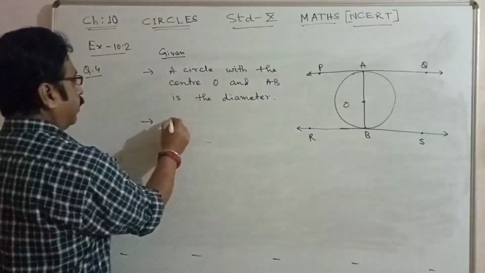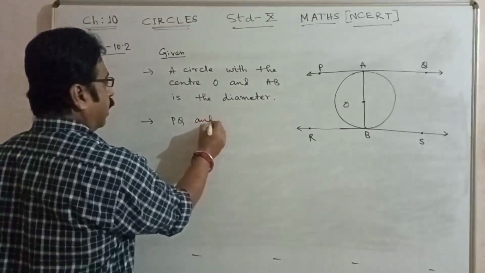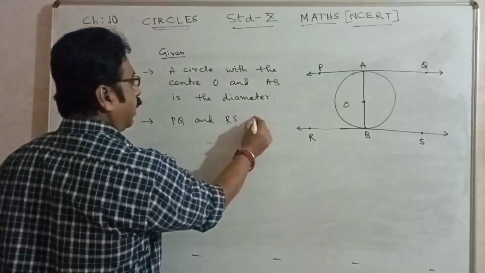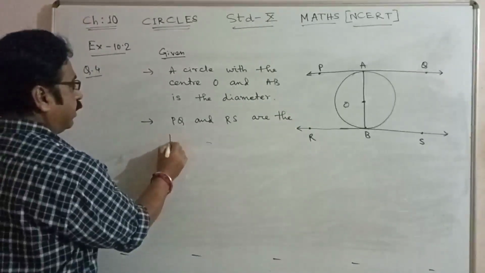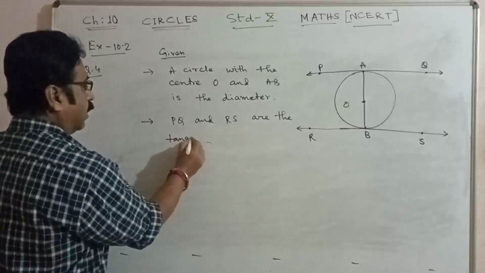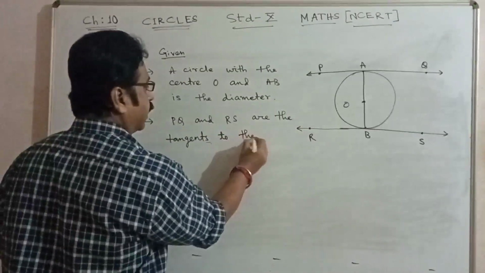PQ and RS are the tangents to the circle.